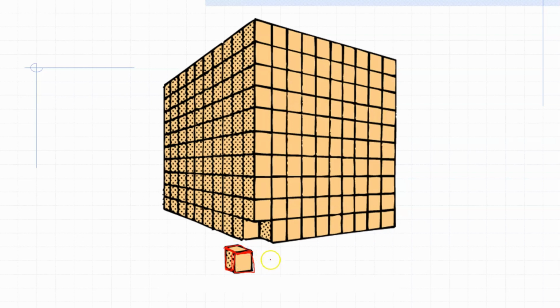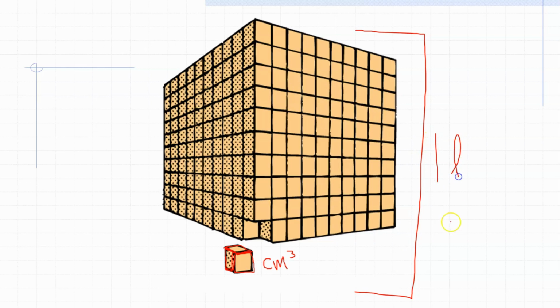If I had 1,000 of these centimeters cubed, 1,000 of these represented here, that is 1 liter, or 1 capital L, as you'll commonly see as well.